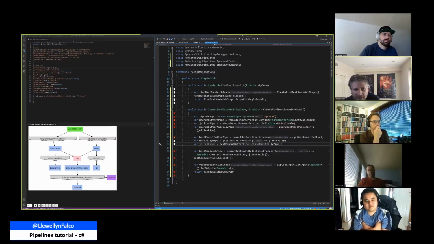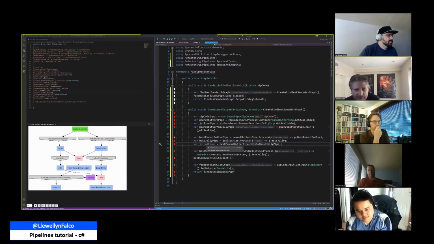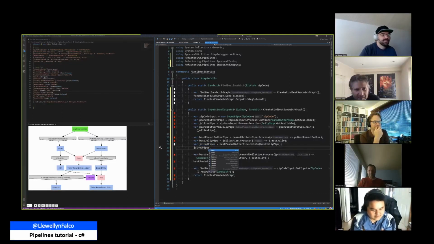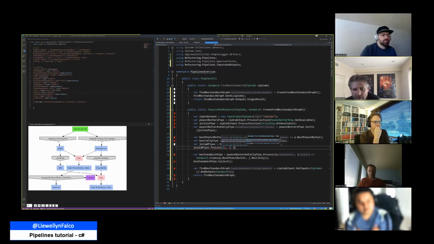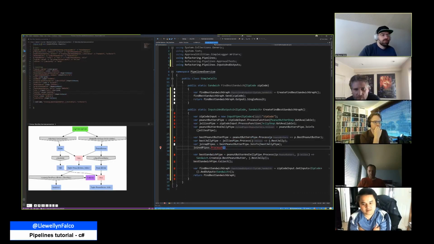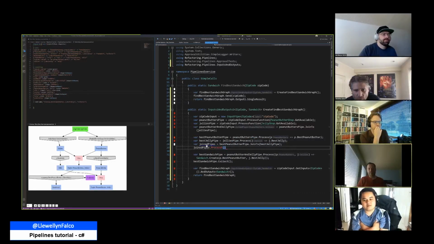I'm very curious to see how it handles this. Yeah, well, that's accurate. And then off of that join, which gives us a tuple of peanut butter and jellies, you can just write sandwich.create here. Oh, it doesn't take a tuple. No, it doesn't take a tuple, unfortunately.